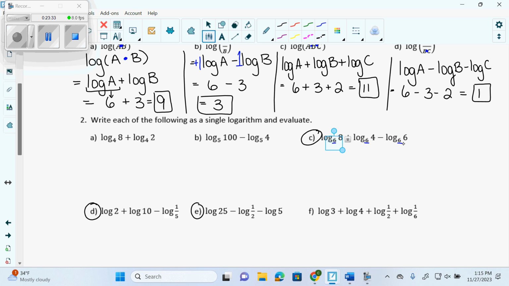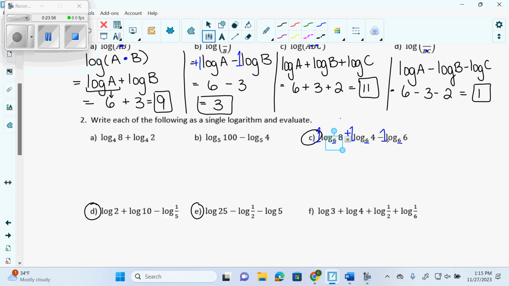Then we need plus or minus ones in front. This is a plus 1 in front. And then this one is a minus 1 in front. If it has a plus 1 in front, it goes in the numerator. If it has a minus 1 in front, it goes in the denominator, because minus 1s make a division and plus 1s make a multiplication.